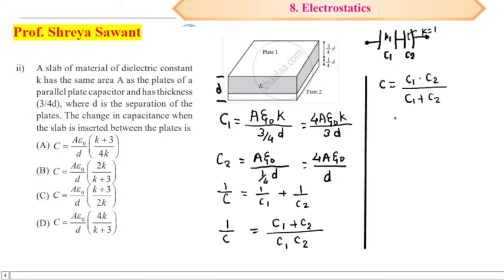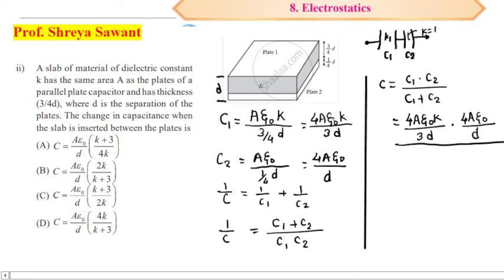Now we put in the value of C1, which is 4 A epsilon 0 K upon 3D, multiplied by C2, which is 4 A epsilon 0 upon D, divided by the addition of these two.